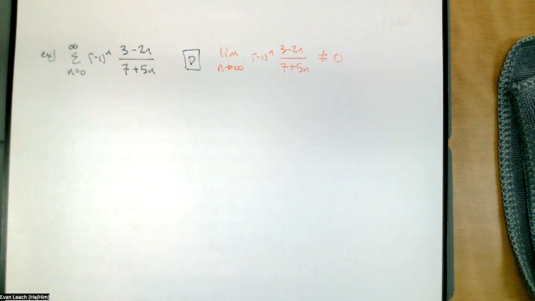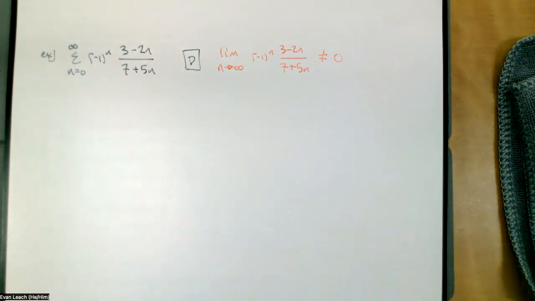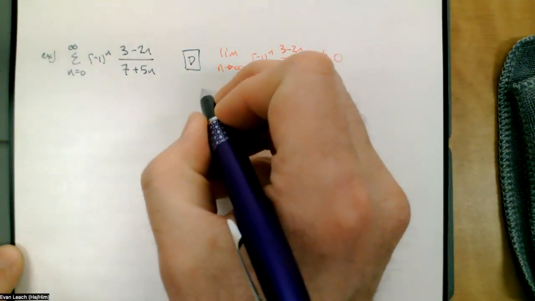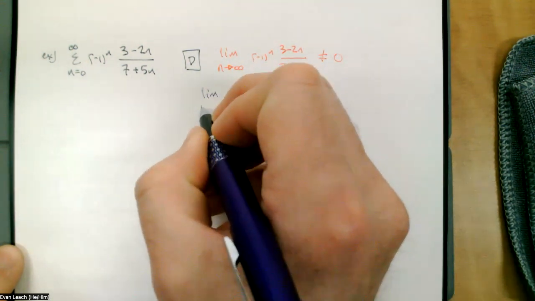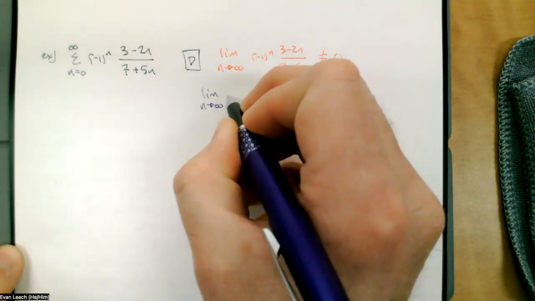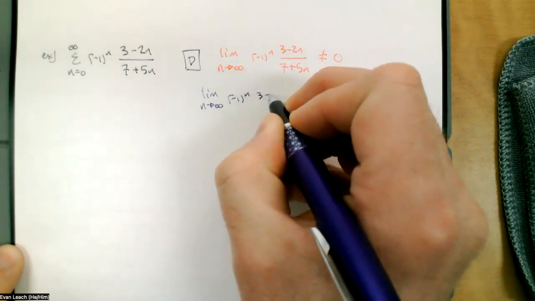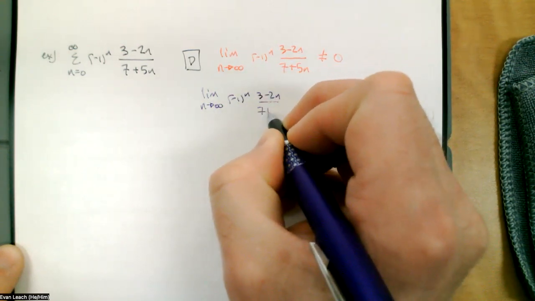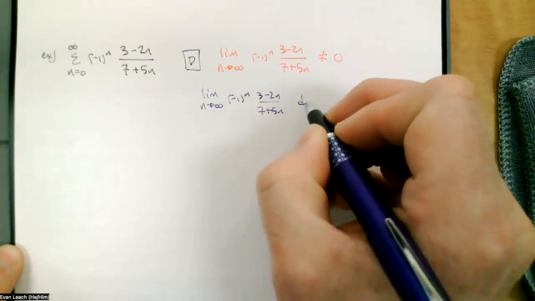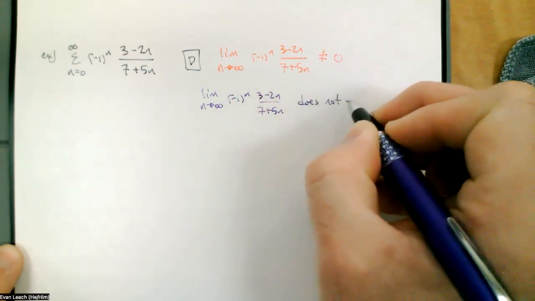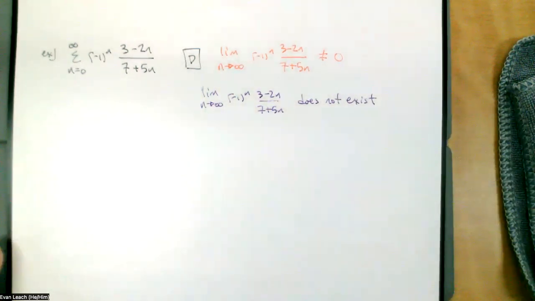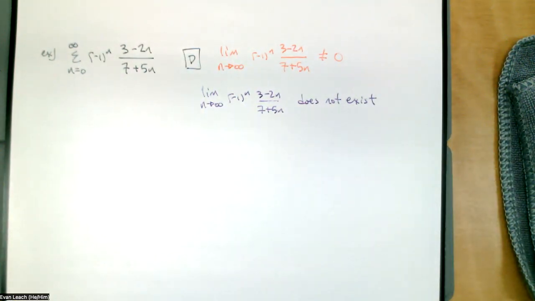So from a technical standpoint, if we want to be technically correct, we don't want to say the limit of the terms is -2/5. So the limit of the terms does not exist.